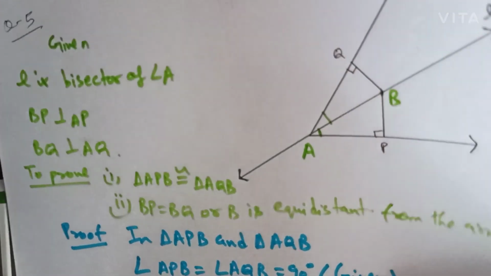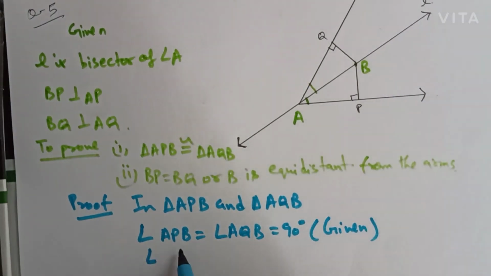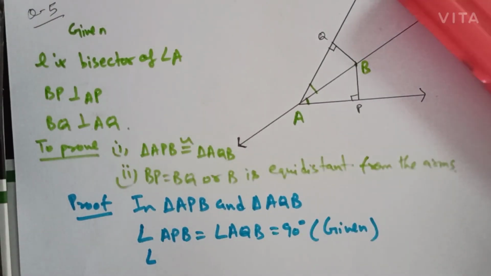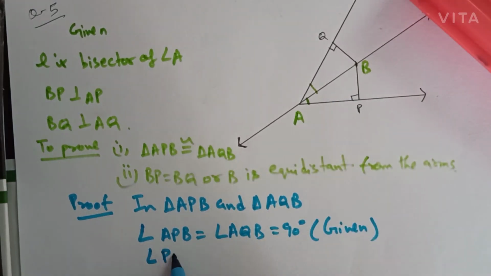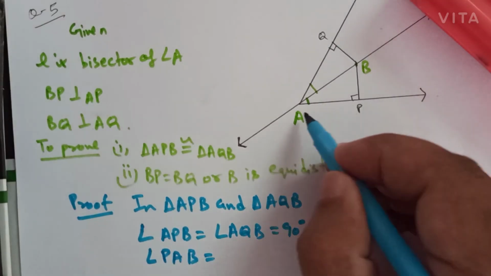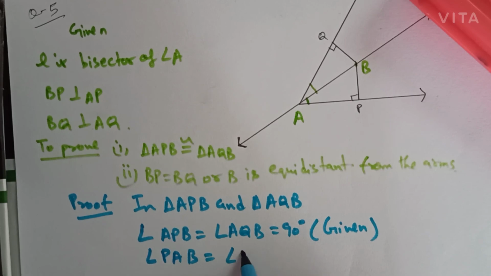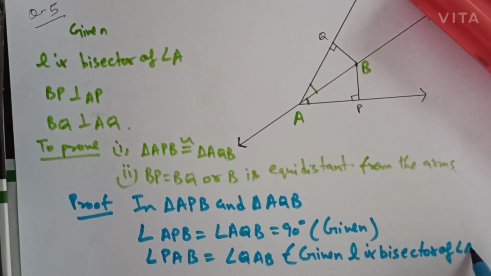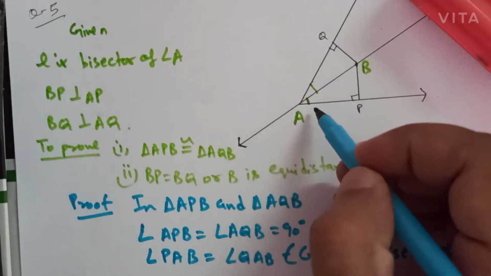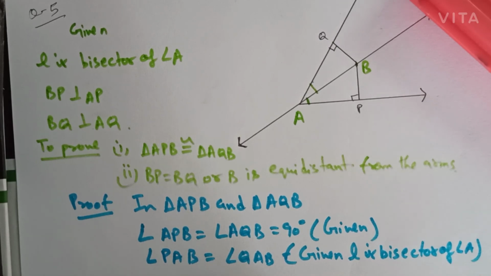Now angle PAB is equal to angle QAB. This is also given. Why? Because it is given that AB, the line L, is the bisector of angle A. That is why these two angles will be equal, and obviously AB is equal to AB.